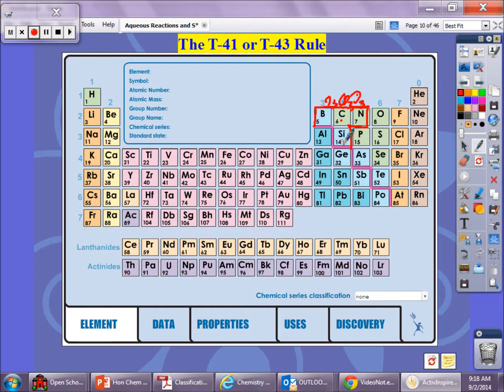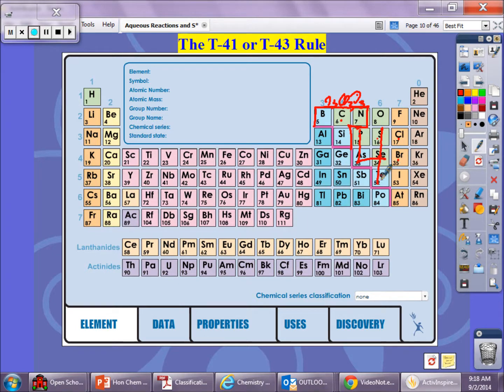There is a 4 right here also. When we form that 4, all of those polyatomic ions have 4 oxygens. The charges are -3, -2, -1.